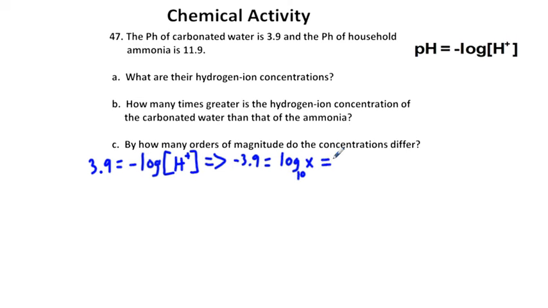So continuing to the right, to change this into an exponential equation, we have 10 to the power of negative 3.9 is equal to X. And that's going to be our concentration for carbonated water.